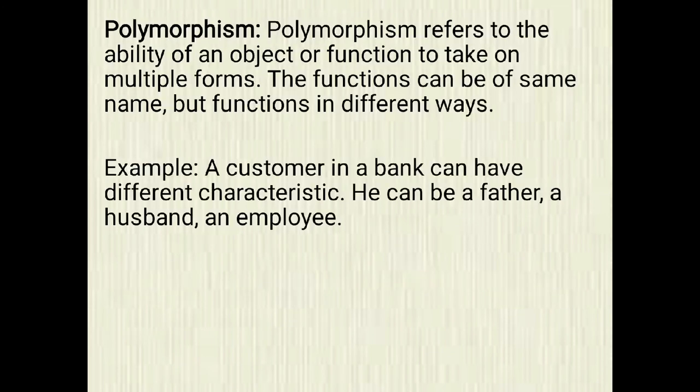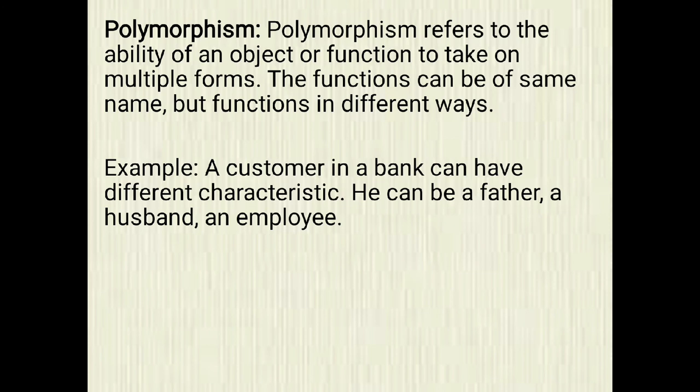Now polymorphism. Polymorphism refers to the ability of an object or function to take on multiple forms. The function can be of the same name but function in different ways. Here, for example, a customer in a bank can have different characteristics.